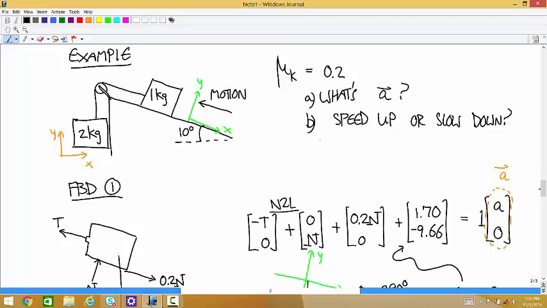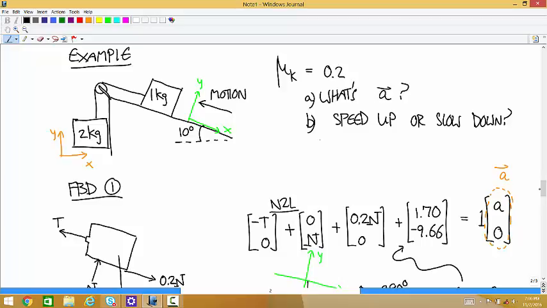So when we represent the acceleration of the one on the incline, we're always going to treat that as A0, and then the A will work out for itself. This is what we're always going to do.